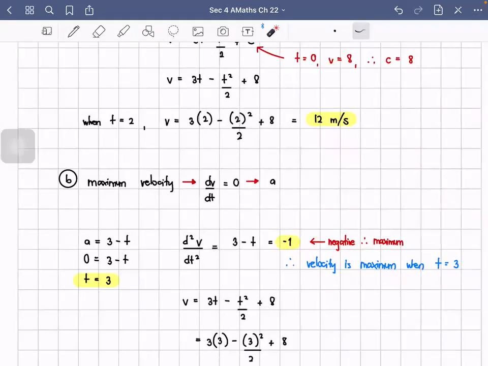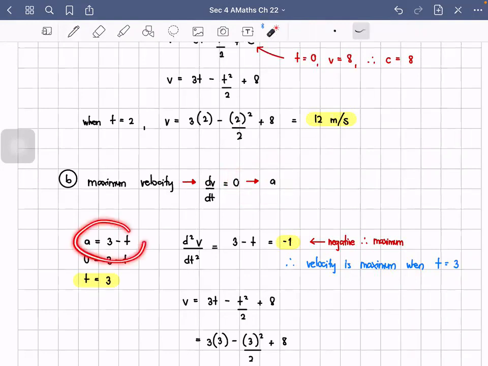To find the maximum velocity, take note, class, that the derivative of the velocity is equal to 0, and we know that the derivative of v is the acceleration, right? If you still remember S, V, and A, if you derive V, you will get acceleration. So acceleration is equal to 0 as well.